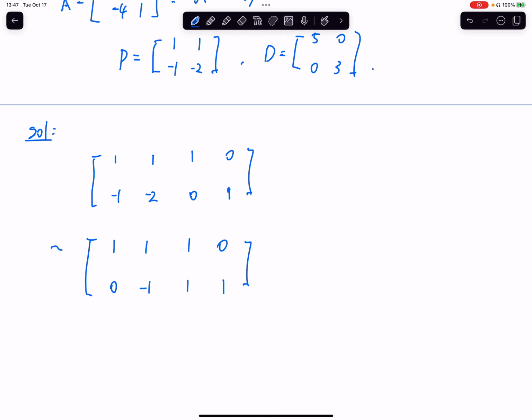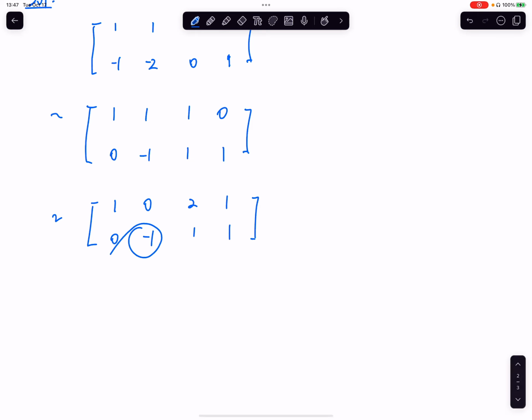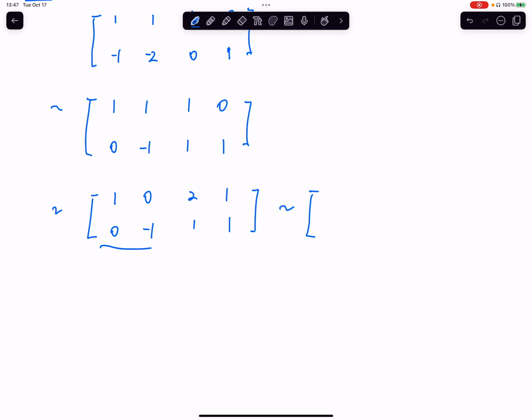Then we add the second row to the first row, and this gives us 1, 0, 0, minus 1, with 2, 1, 1, 1. Lastly, we need to make this into the standard form, so we multiply the second row by minus 1. That gives us 0, 1, 2, 1, minus 1, minus 1. So we know the inverse of P equals 2, 1, minus 1, minus 1.